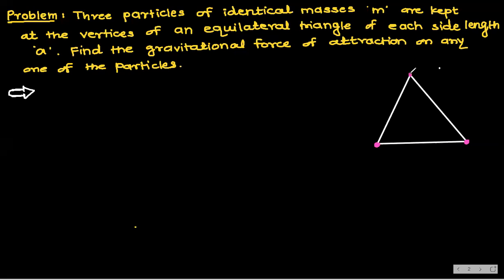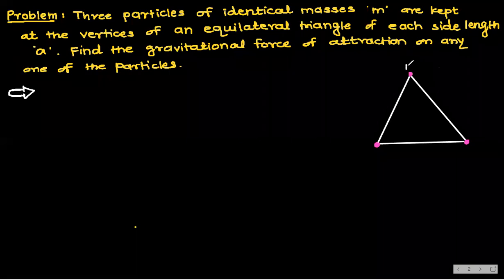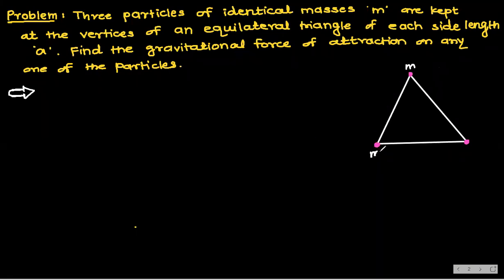First, listen carefully, then only you write. No hurry, okay? Each corner has mass M. And what he is asking is to find the gravitational force of attraction on any one of the particles. So let's choose this particle.